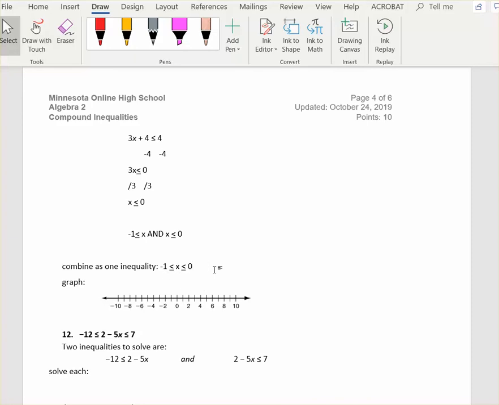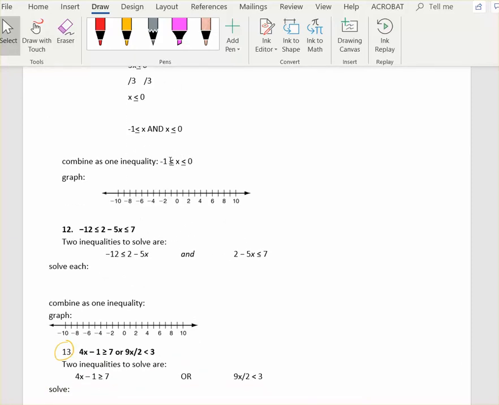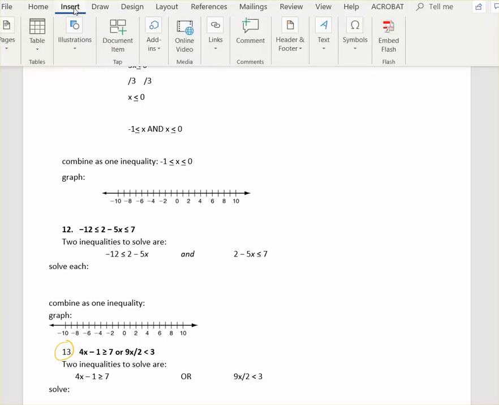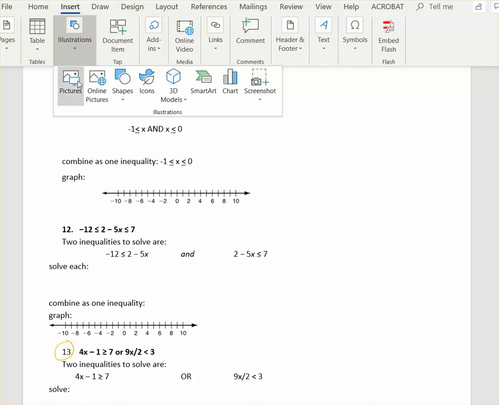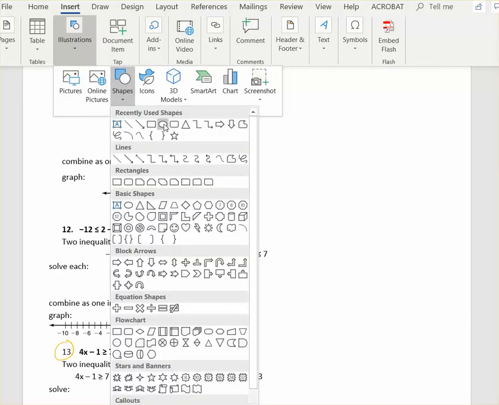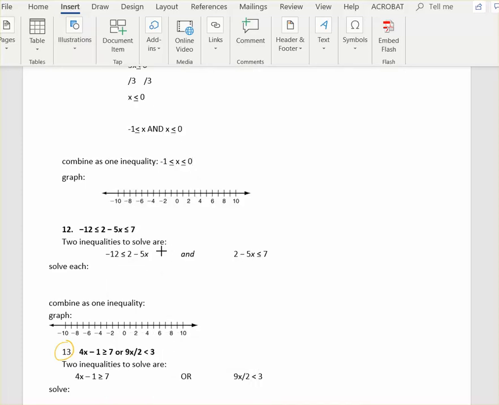And then I need my endpoint. So here's where I was going to show you in Word how to put your solution on the graph. Go to Insert, and then you want a shape. So pictures, there we go, shapes, and I need a point. Under basic shapes, there's an oval shape or a circle shape. That's what I'm going to use to make my point on my graph.